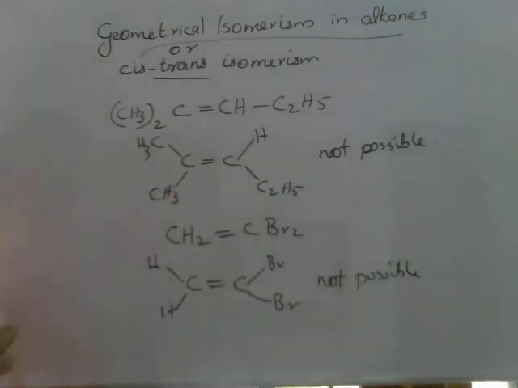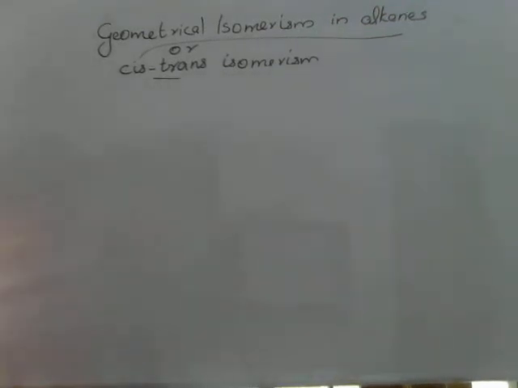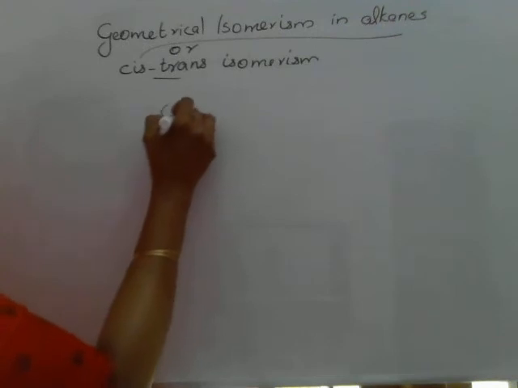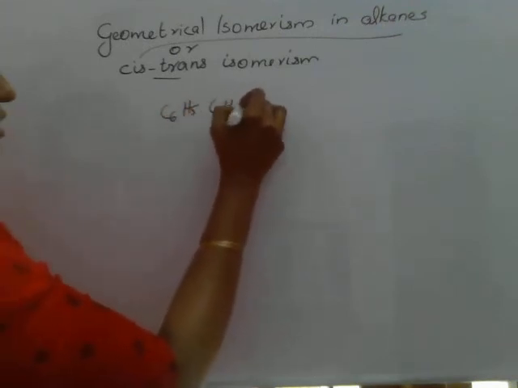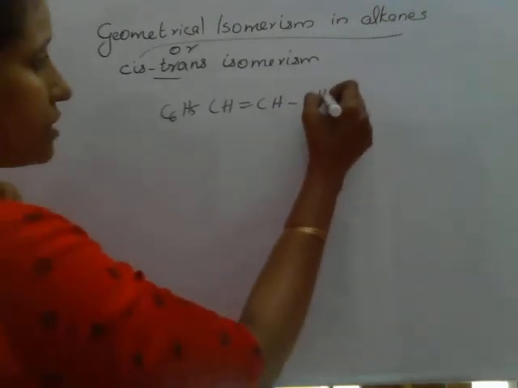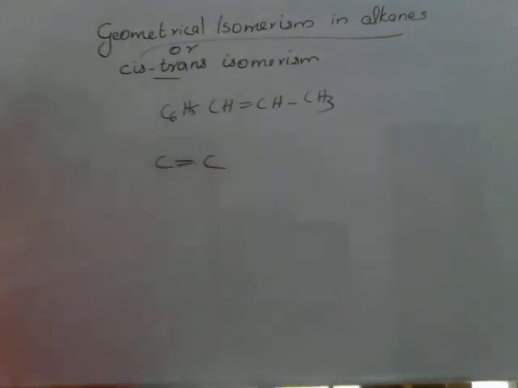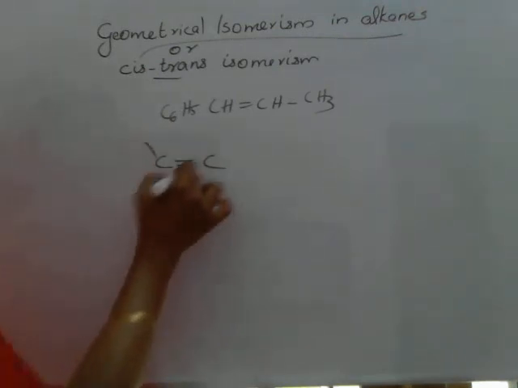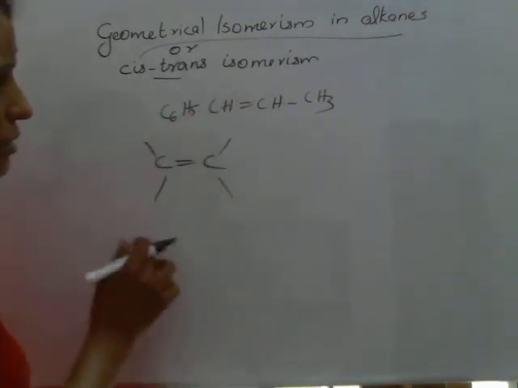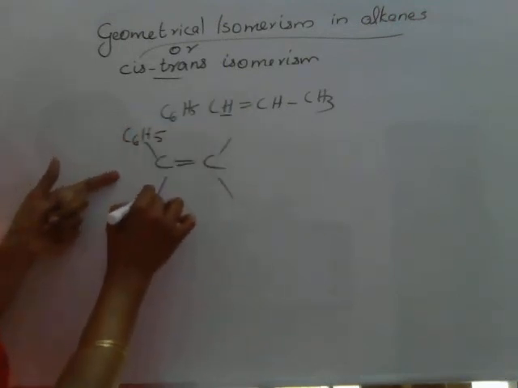If you take another example, C6H5CH=CHCH3. This is the compound. In this compound, if you try to draw different ways of arranging groups on either side of the doubly bonded carbon atoms, one group is C6H5, the other one is hydrogen.